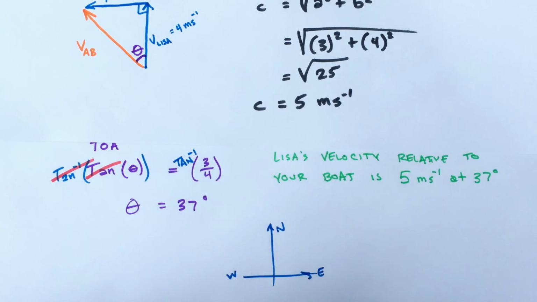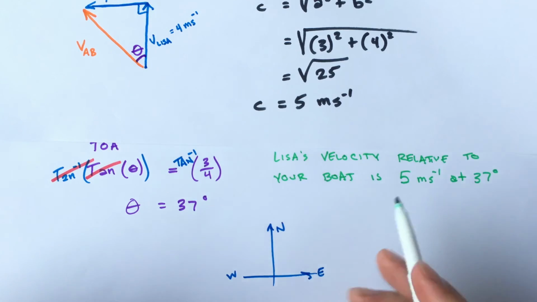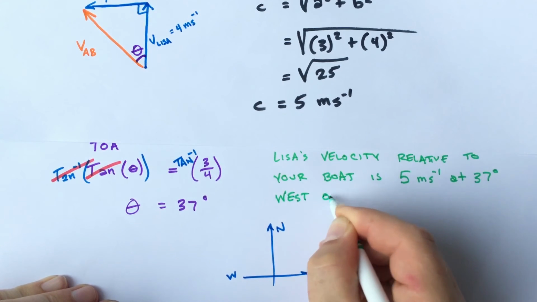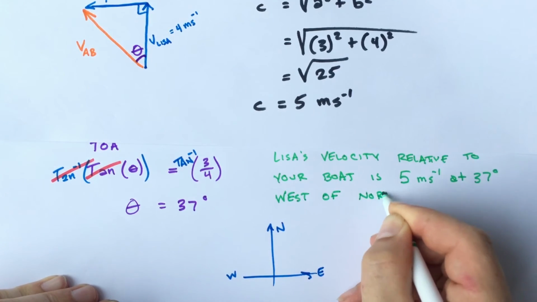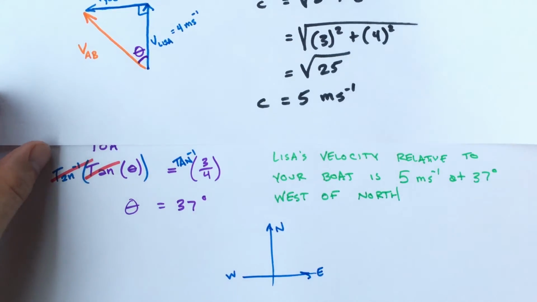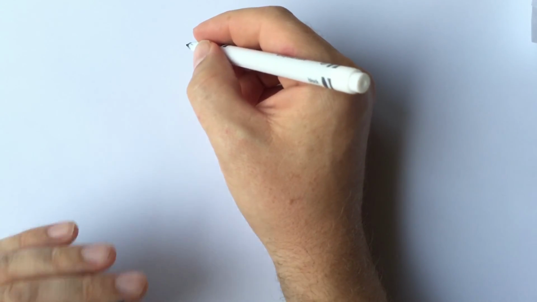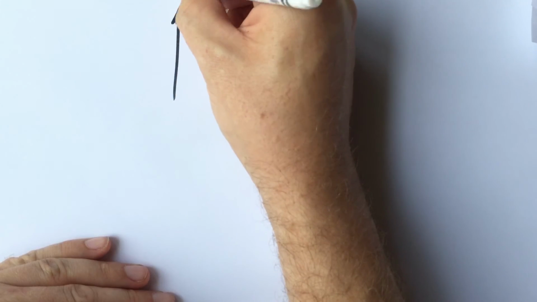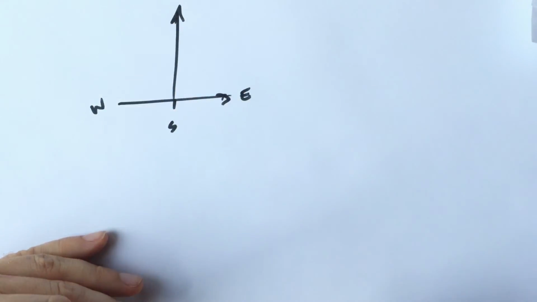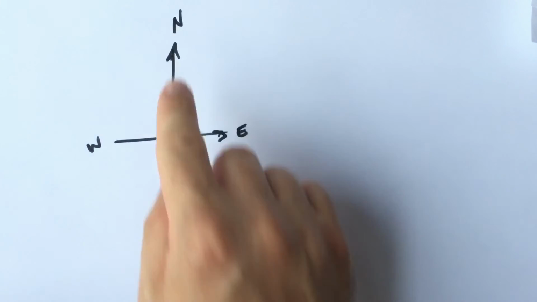This is an important distinction, but I'm going to write down, this is 37 degrees west of north. Let's talk about that. That means to say west of north is really this. If we were 0 degrees west of north, well, that would just be north, right? So 0 degrees west of north would just be straight north.